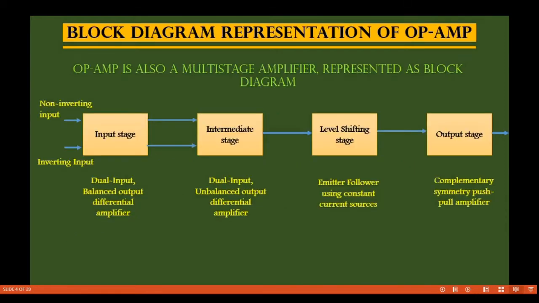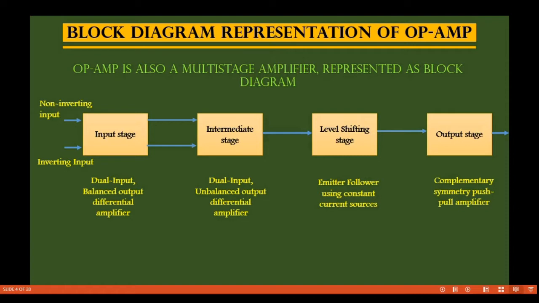Let's see the block diagram of the op-amp. This is the block diagram representation. An op-amp, as we know, is a multi-stage amplifier, so it consists of amplifiers at different stages.